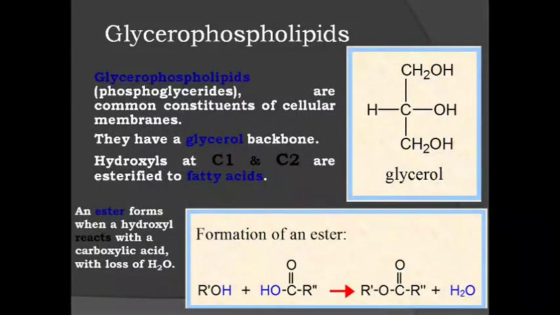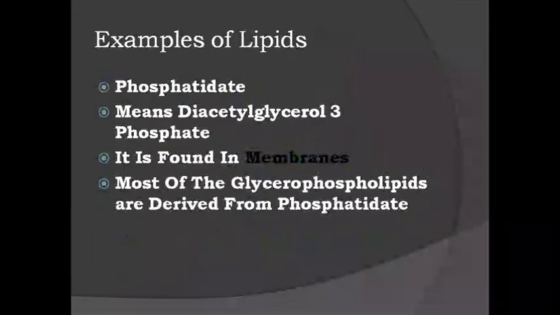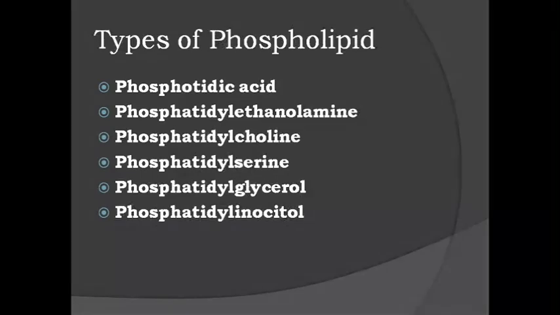First is phosphatidic acid or phosphatidate, which is considered the main precursor of the rest of the forms. It is also called diacylglycerol 3-phosphate. It is commonly found in the membrane, and from this phosphatidate, various types of phospholipids are produced.